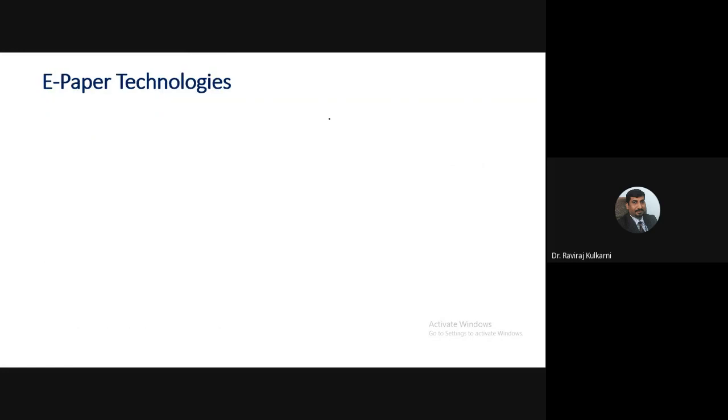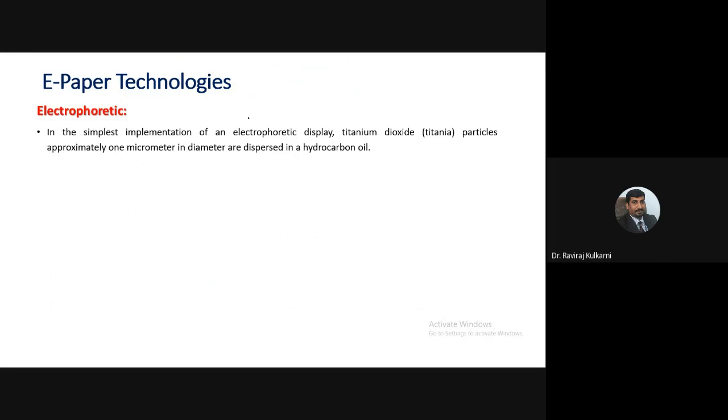Right. So another paper technology is electrophoretic. In the simplest implementation of an electrophoretic display, TiO2, titanium dioxide nanoparticles approximately 1 micrometer in diameter are dispersed in hydrocarbon oil. Nowadays people are using it at nanometer scale. Earlier it was 1 micrometer, now we can go up to nanometer scale.